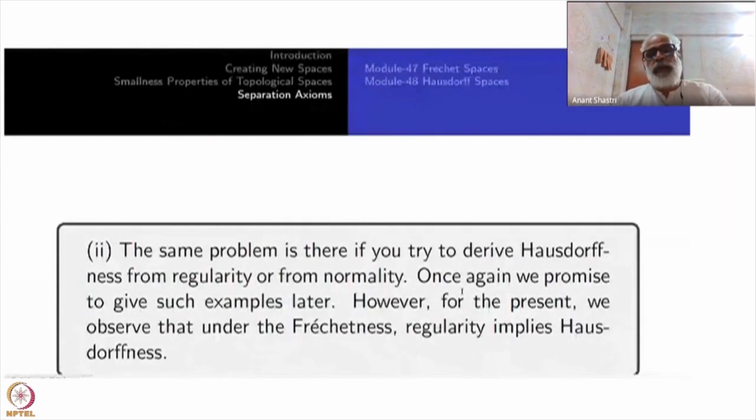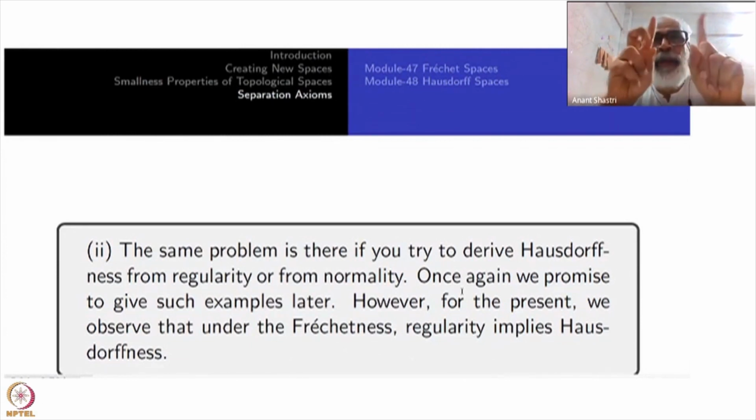The same problem is there if you try to derive Hausdorffness from regularity, because I started with the comment that regularity is somewhat a generalization of Hausdorffness. Any two points are separated by open sets, that's Hausdorffness. Here, a point and a closed set are separated.